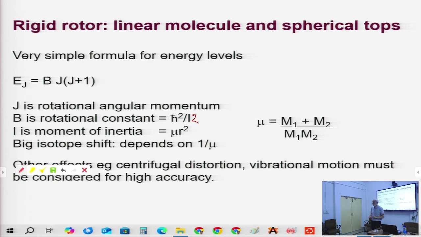This formula depends inversely on the moment of inertia. So if you change, say, hydrogen for deuterium, you're going to get a big shift. I didn't talk about isotopes when I talked about atoms this morning, because for nearly all atoms, deuterium and hydrogen being the honorable exception, you cannot see the isotopes.